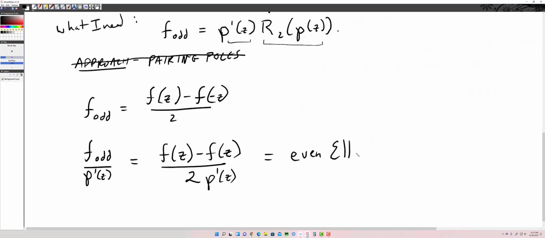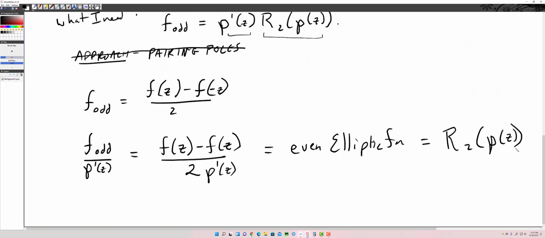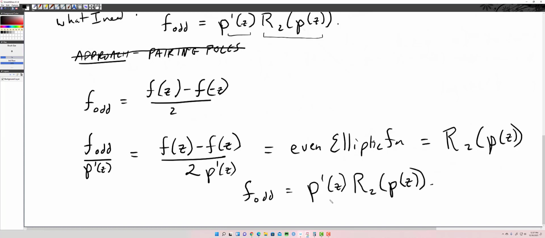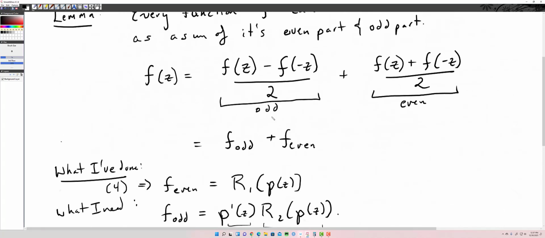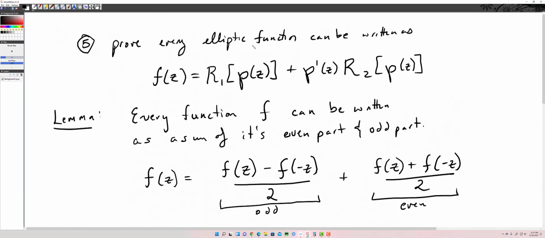It's an even elliptic function. And I can represent this as some R2 of P of z. So now all I really need is f odd is f prime of z times R2 of P of z. That's all I need. And that's enough to give me this right here.